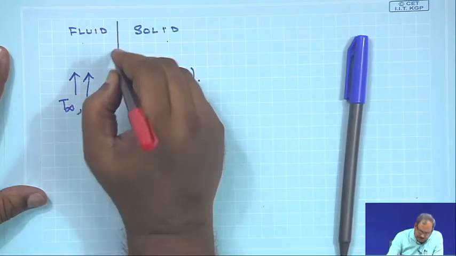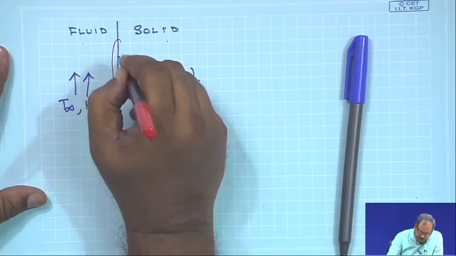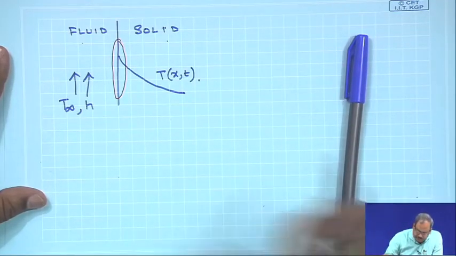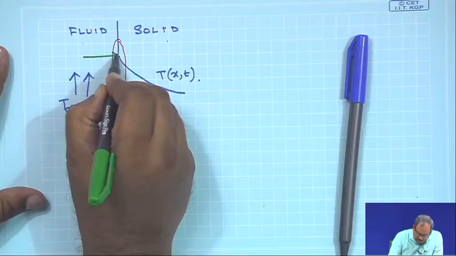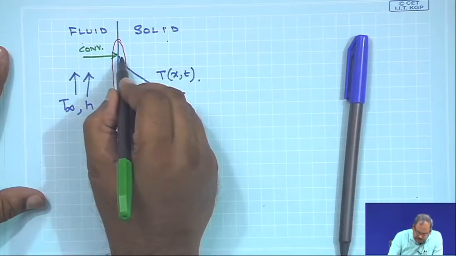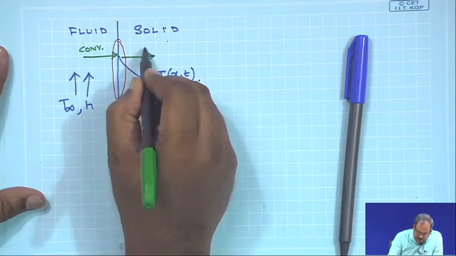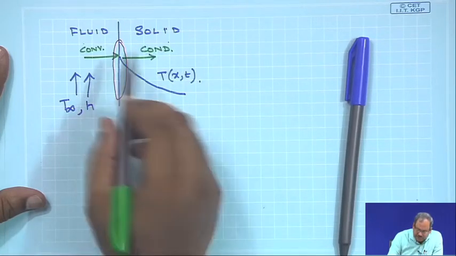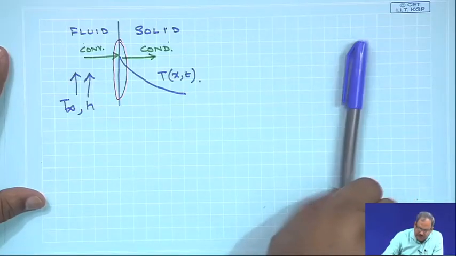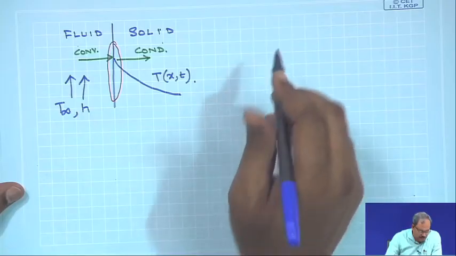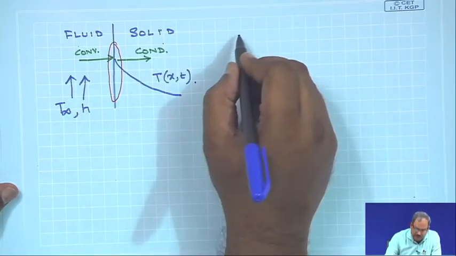So, if we take this to be our control surface, then the amount of heat which reaches by convection, the same amount has to be transported by conduction, since this is a control surface, and therefore, conservation demands that convection and conduction are equal.